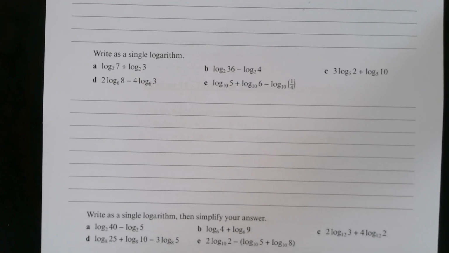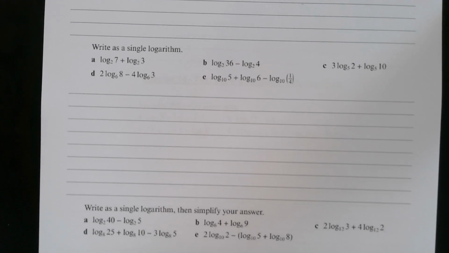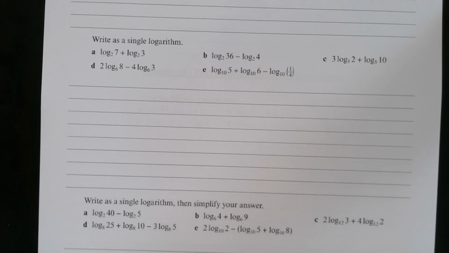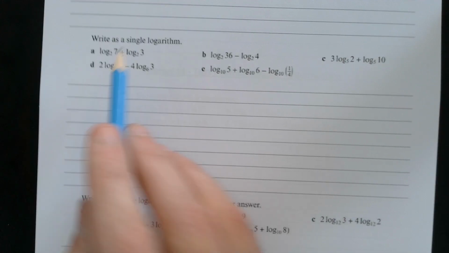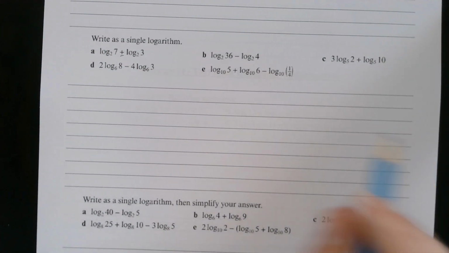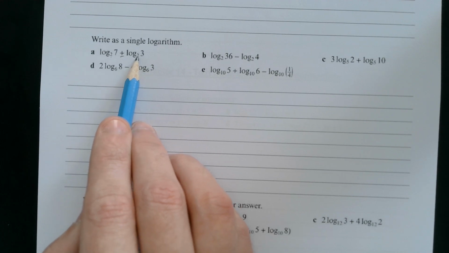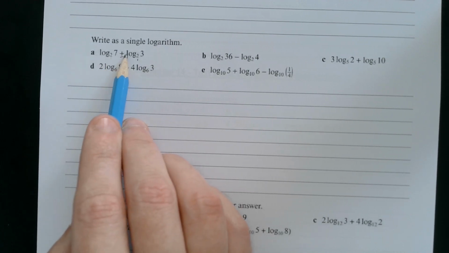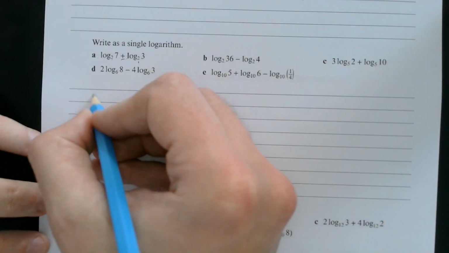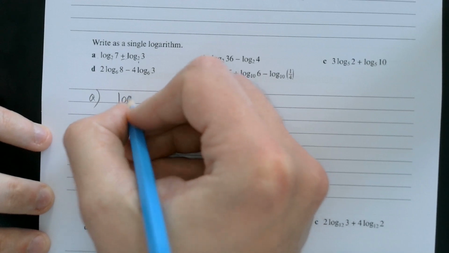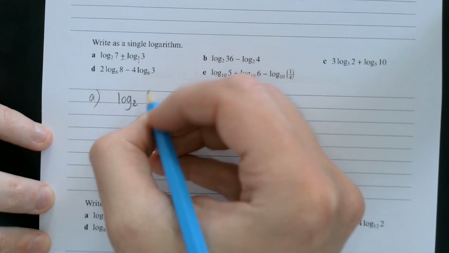Writing something as a single logarithm is the first step when solving logarithmic equations. That's what we're heading up to. If you're adding two logs together and they have the same base, and neither of them have a coefficient, then you can just multiply, 7 times 3, 21.